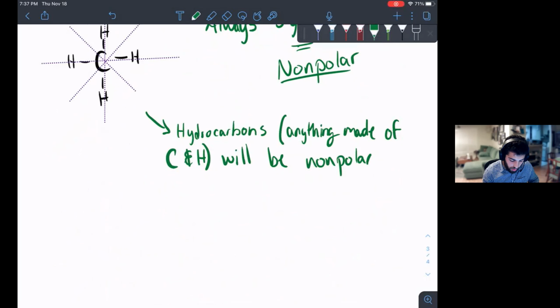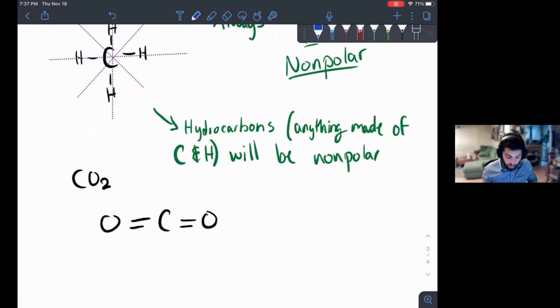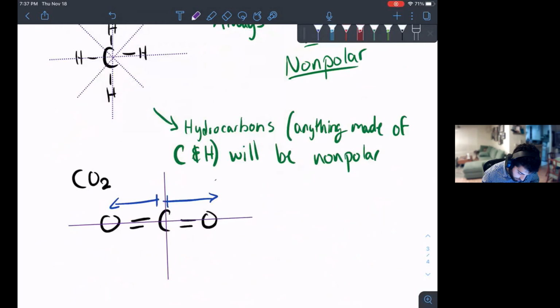One more thing to just think about on your way out is if we go O, C, O, CO2. Oxygen is so much more electronegative than carbon. So both dipoles go out towards the oxygen. And this is a symmetrical molecule. So if we divide it in any way, it's going to be non-polar.